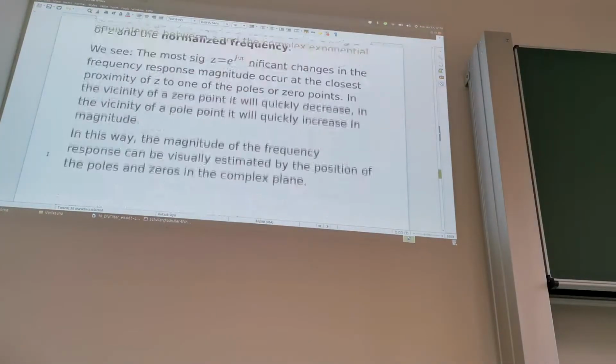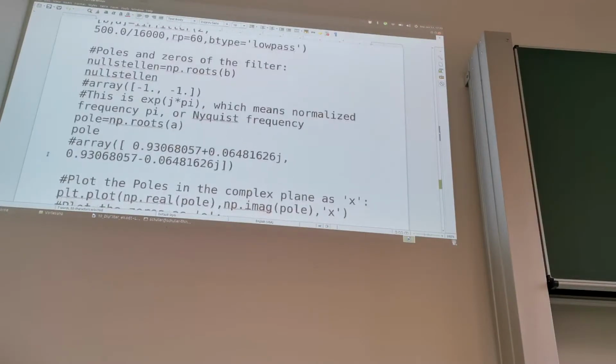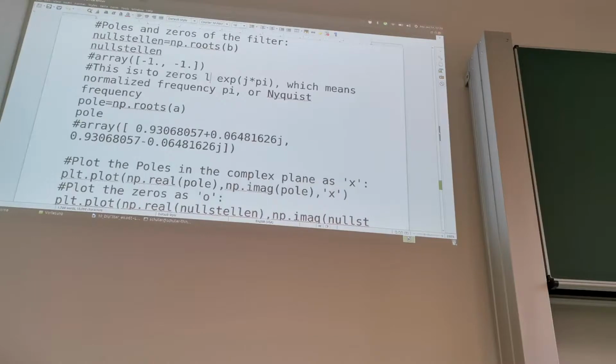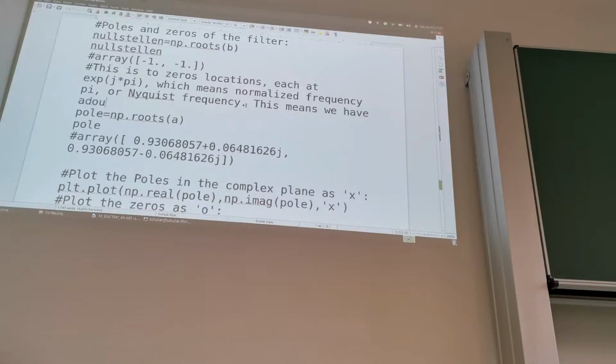So going back to my example, two zero locations, each at Nyquist, so that means we have a double zero. We have a double zero at Nyquist frequency.